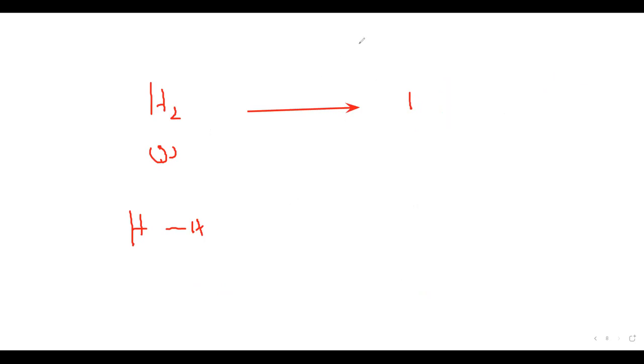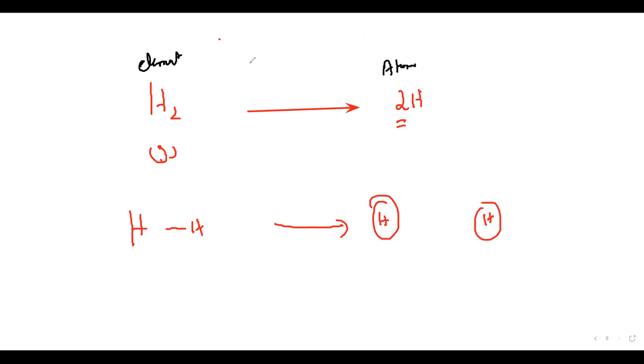So how many hydrogen atoms will one molecule produce? Two hydrogen atoms. So when we supply energy, it will produce two hydrogen atoms. So now two hydrogen atoms are produced. First, the element is forming an atom. So when elements are forming atoms, we call that atomization.